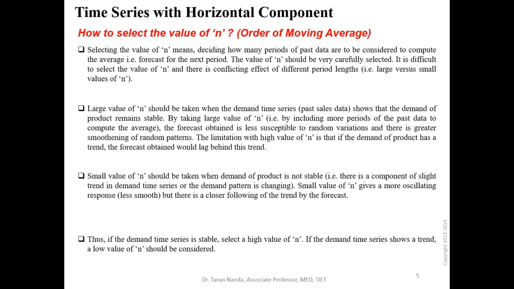Please, if your demand time series is largely showing a horizontal component, take as large a value of n as you can, because if you take larger values of n, you include more past sales values while calculating the mean value, and by taking a large number of past sales values, you are able to nullify the random variations to a large extent.